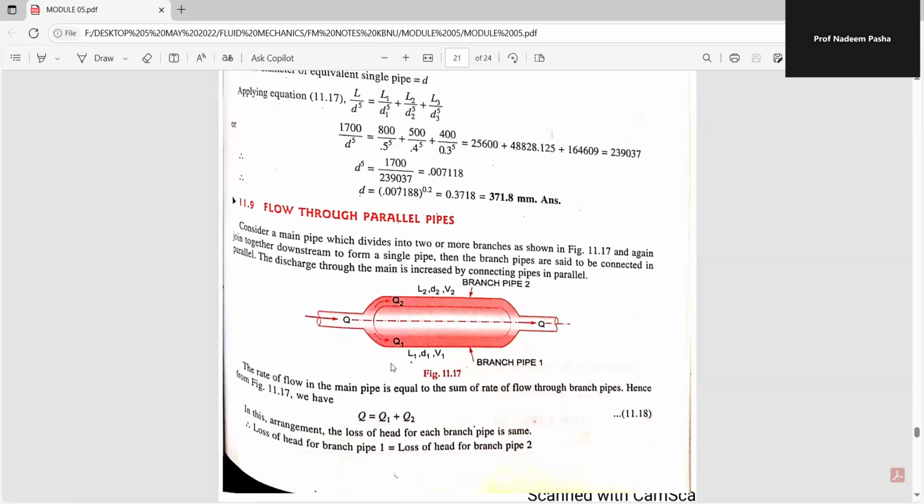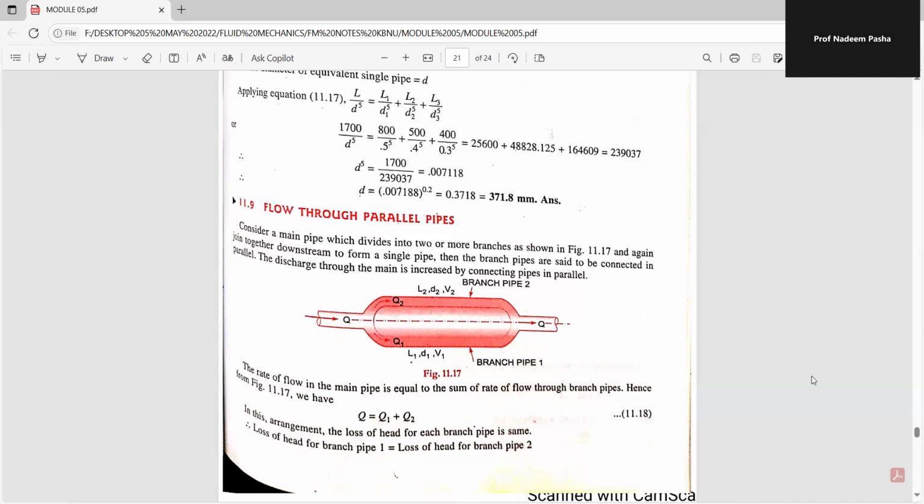The rate of flow in the main pipe is equal to the sum of the rate of flow through the branch pipes. That is, capital Q is equal to Q1 plus Q2. The discharge through pipe 1 is Q1 and the discharge through pipe 2 is Q2. So your capital Q will become Q1 plus Q2. In this arrangement, the loss of head for each branch pipe is the same. Therefore, loss of head for branch pipe 1 is equal to loss of head for branch pipe 2.